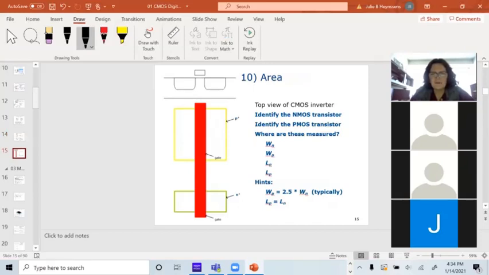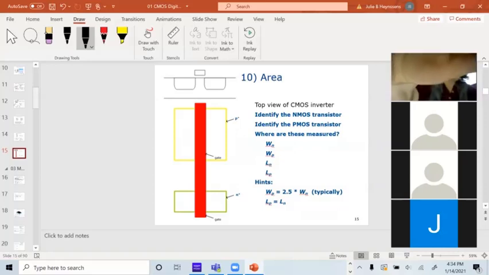Now, if I want to build an inverter, I need both an NMOS transistor and a PMOS transistor. The NMOS transistor is generally the one with the smaller W. We'll talk about the why of that later.